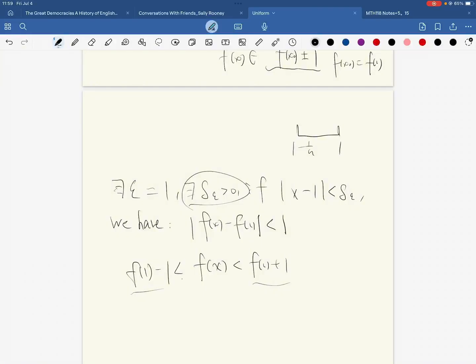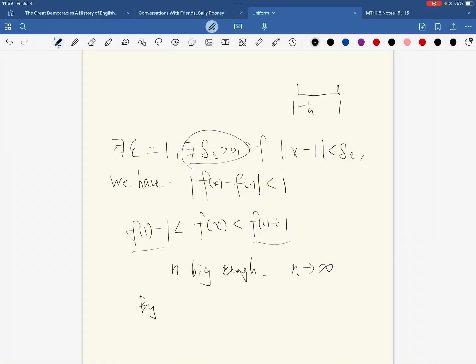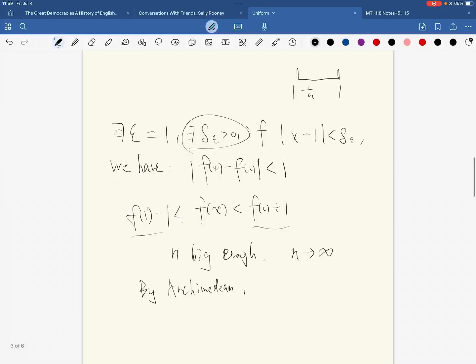Since n could be big enough, since we let n go to infinity, and by the Archimedean property, there always exists n such that delta is bigger than 1 over n.